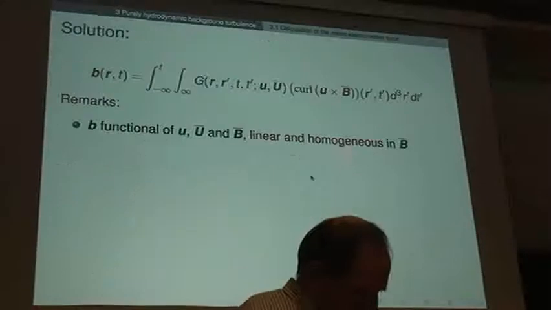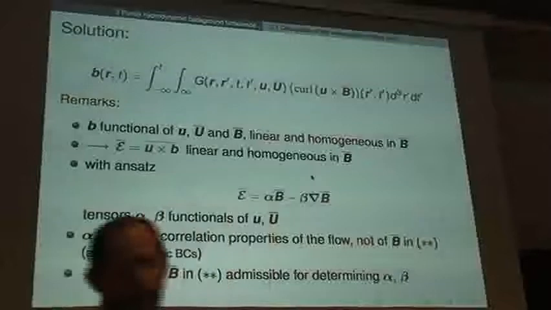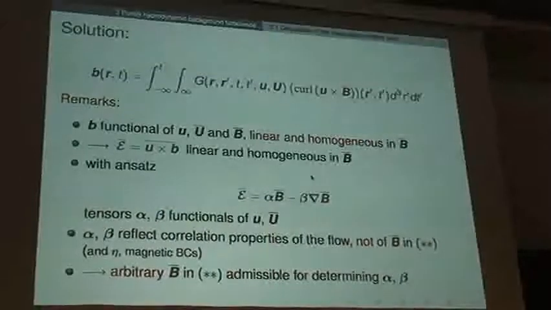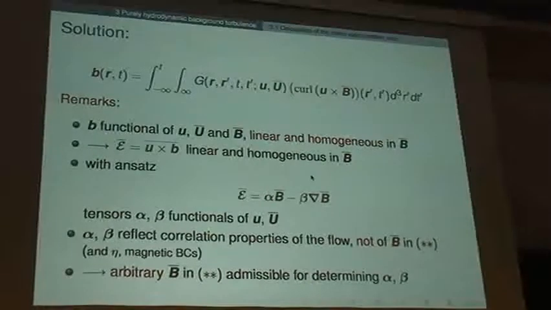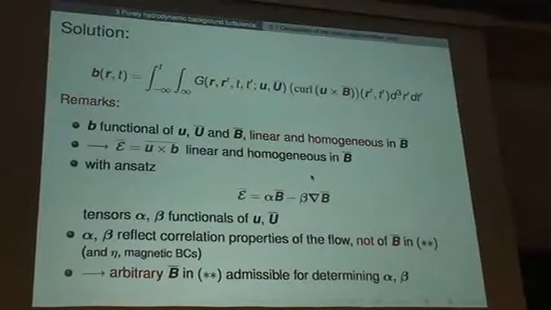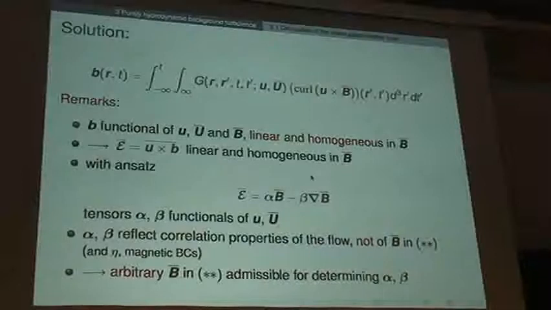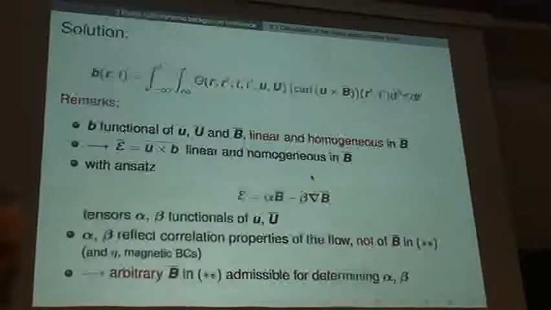Yes, why do you say that? You allow dependence on alpha and beta and eta, right? Yes. Okay, so I misread. To be precise, it's something a bit more than only the correlation properties of the flow. But it's not relevant for us at the moment, or throughout this talk.